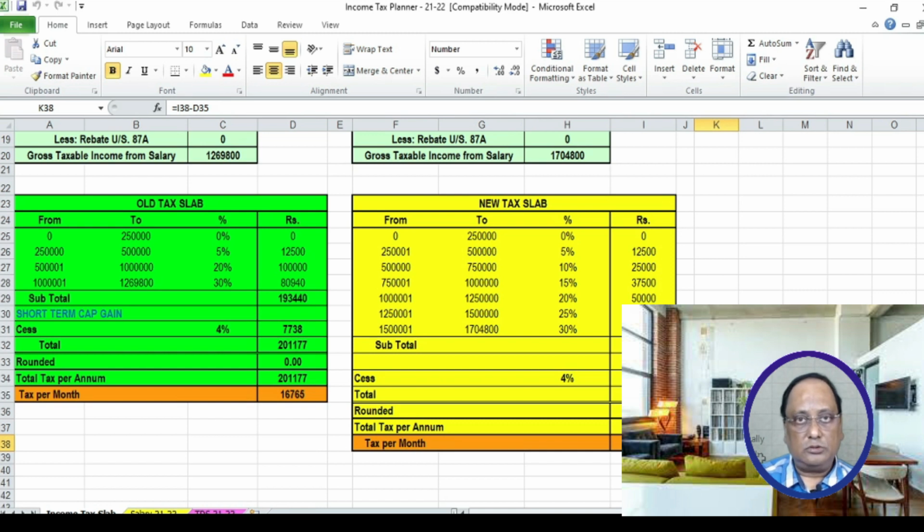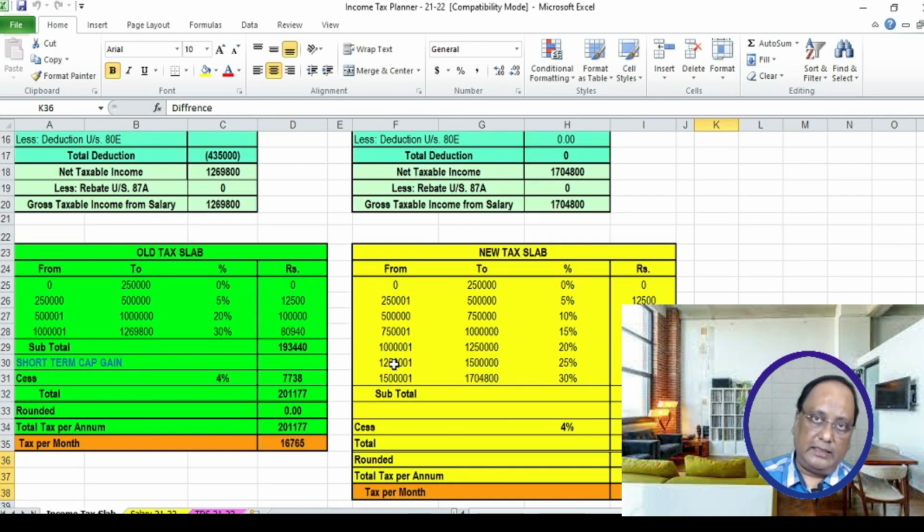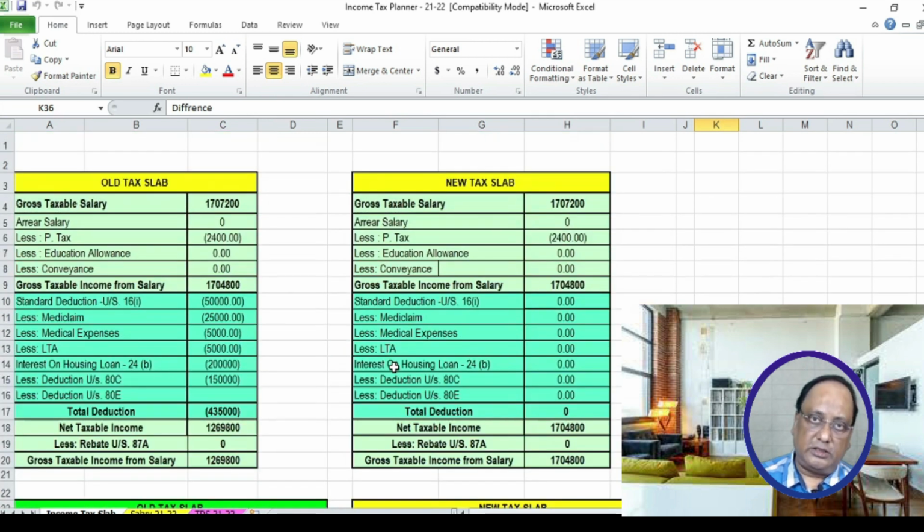So this is the higher side. So again you should take the decision on which tax slab rate is suitable for you, and in this scenario I recommend that the old tax slab rate is the better one.